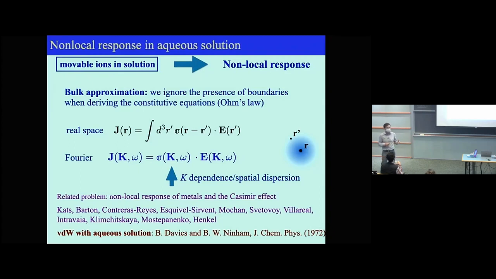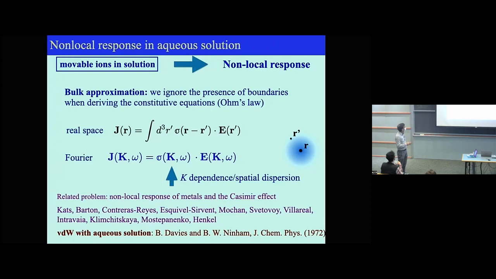I have this non-locality in this context, but here I want to discuss the context of, instead of electrons, ions in solution, and there are some differences that I'm going to emphasize during the talk. When I have translational invariance, because I am in the bulk approximation, this is described by this convolution. And then in the Fourier domain, I have this K dependence of the conductivity that Umar was talking about, and Galina also.